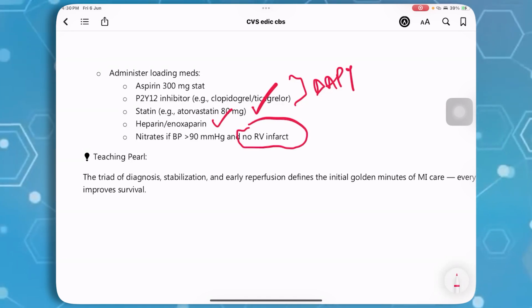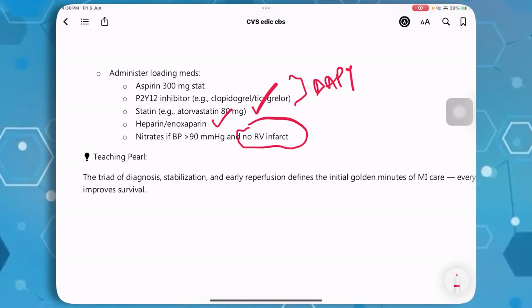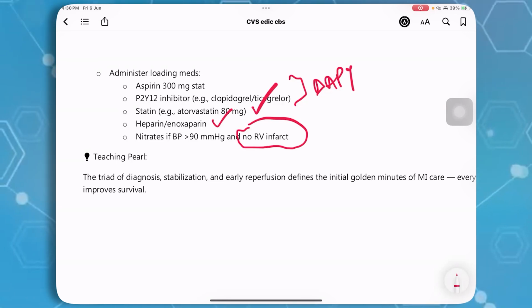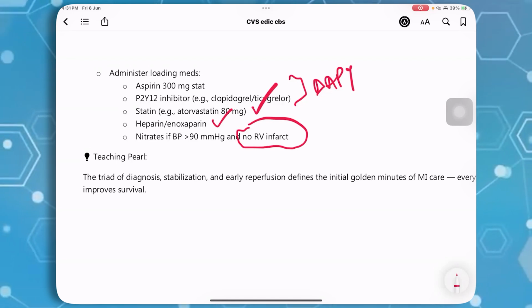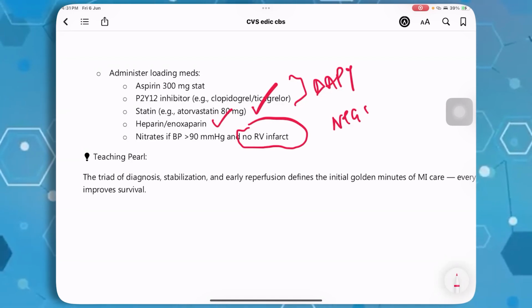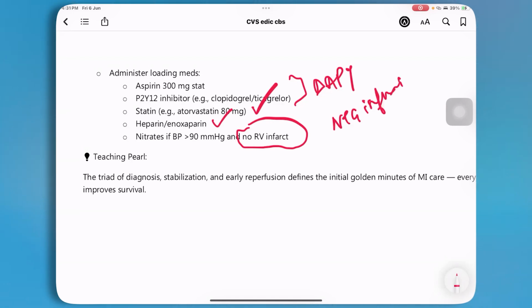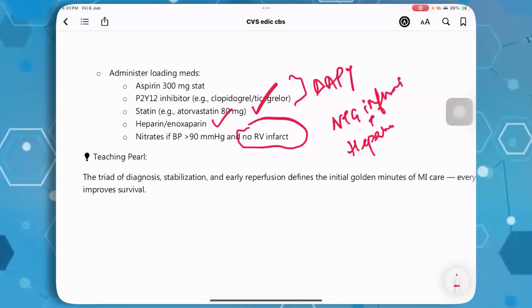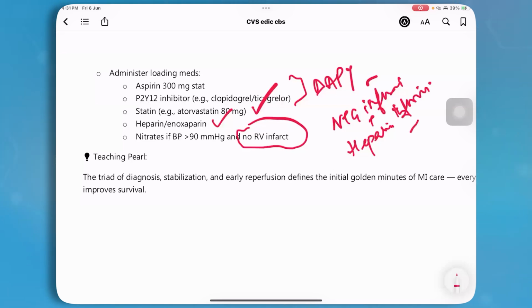In our case, the patient has an anterior wall MI and the patient is having ongoing chest pain. So either NTG infusion along with a heparin infusion can also be given. That is based on the discretion of the treating doctor.